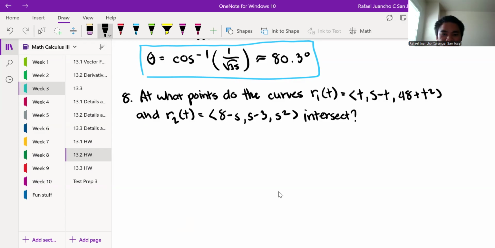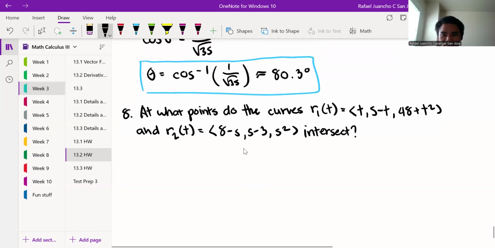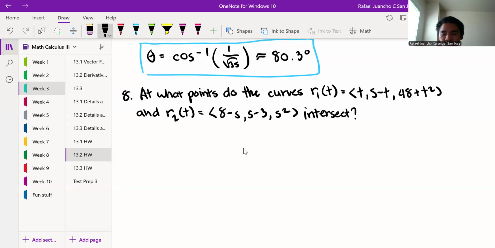So when will these guys intersect? Well, they give us the paths, right? Now, how will we know if they definitely intersect? Well, again, we just plug them in together and see which points work, right?